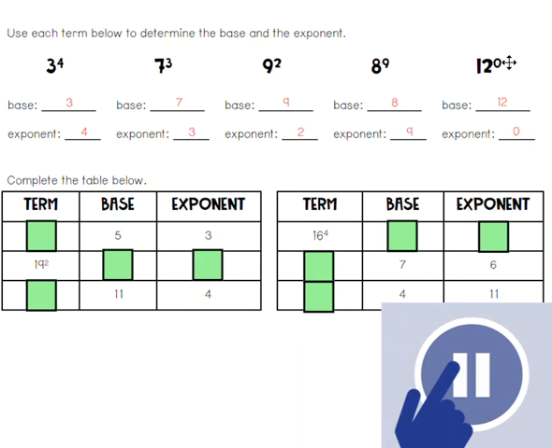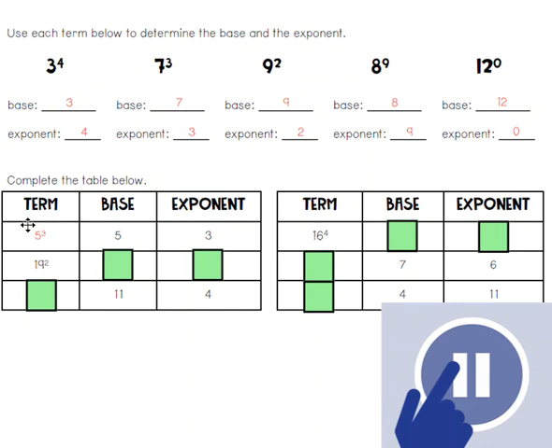So this is the exponent, this is the base. We actually call the whole thing the power. Okay, so when we talk about powers and bases and exponents, they all refer to this look right here. If we look at this table right here, you can see if you have a base of 5 and an exponent of 3, it would look like this. This would be your term, 5 to the 3rd power.